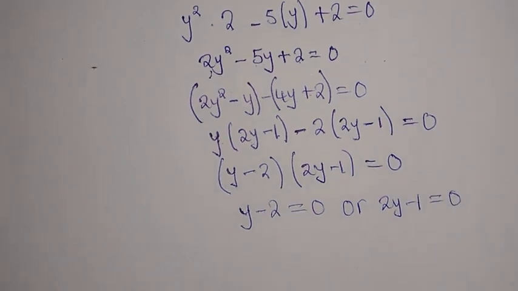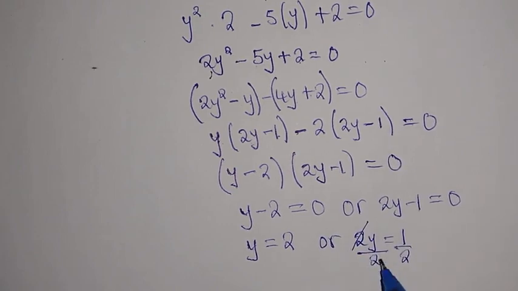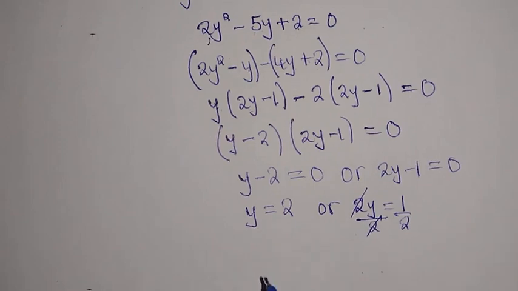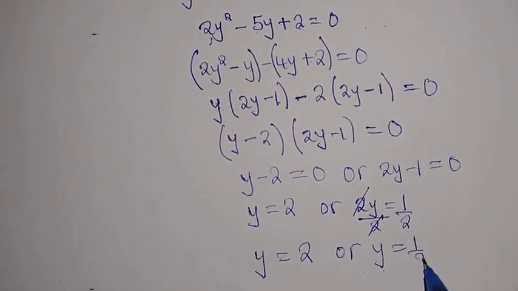So from this stage, we can now group the like terms. y is equal to 2, or 2y is equal to 1. So we can divide this by 2, so that this and this will cancel, where we have our final answer, y equal to 2, or y equal to half.